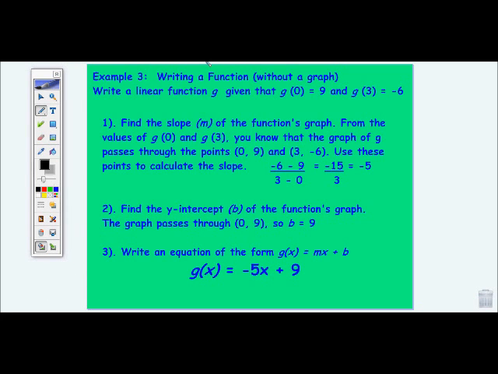Example 3, this time we're going to write a function without using a graph. So we're going to have to write a linear function, and the function is going to be the function g, given that g of 0 equals 9, and g of 3 equals -6. Again, we're going to put these into coordinate points.